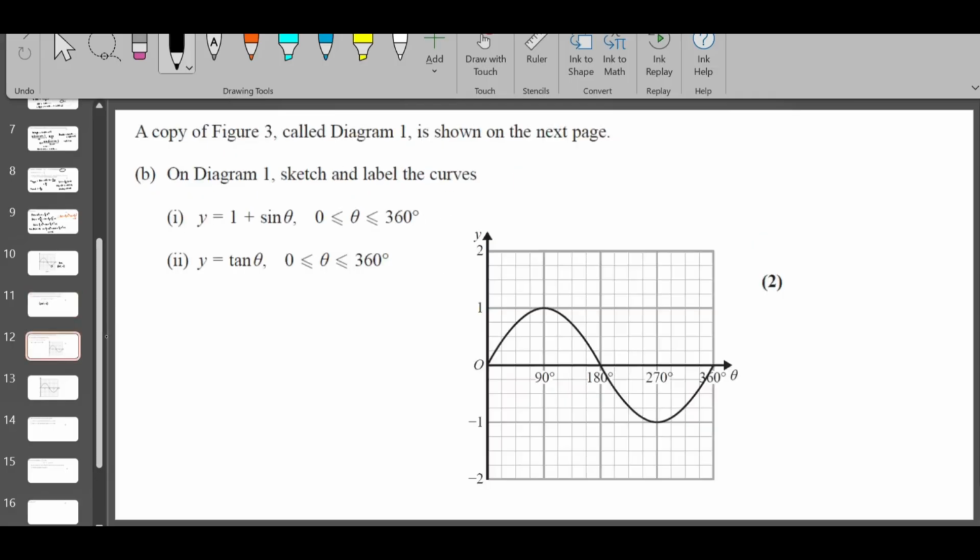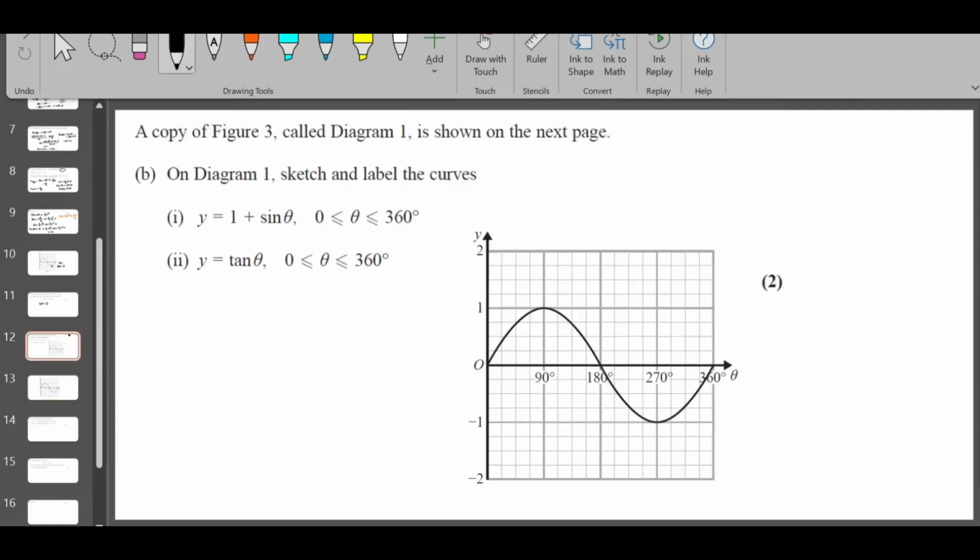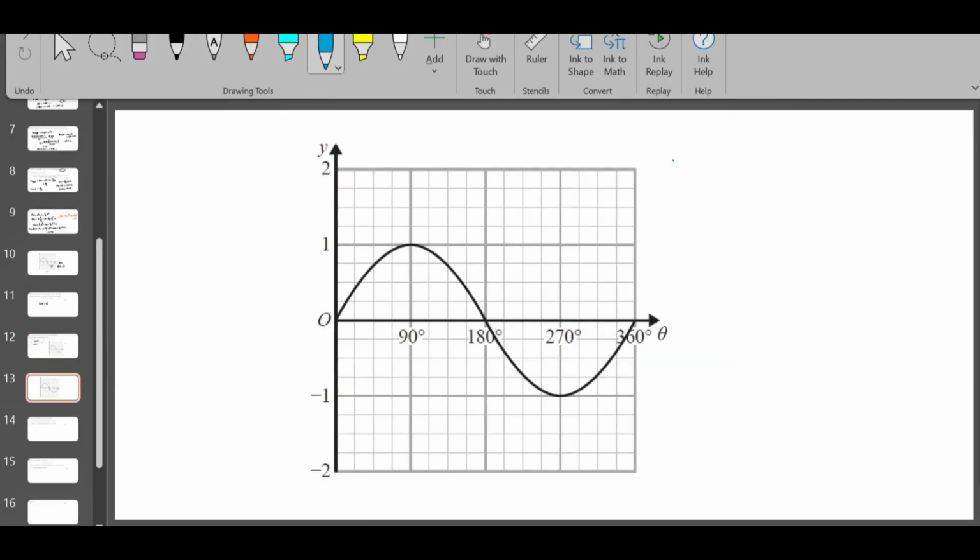Part B, a copy of figure 3 is given. I have put the figure a bit bigger here. They want us to sketch these two graphs on top of this diagram. 1 plus sine theta and tan theta. So let's sketch 1 plus sine theta. You need to use your pencil. You cannot use any colors in the exam. So this is sine theta.